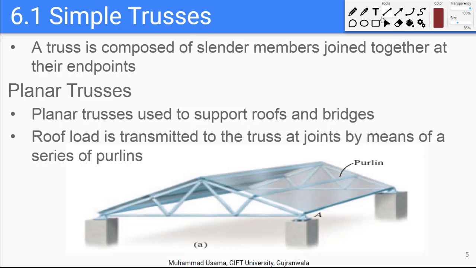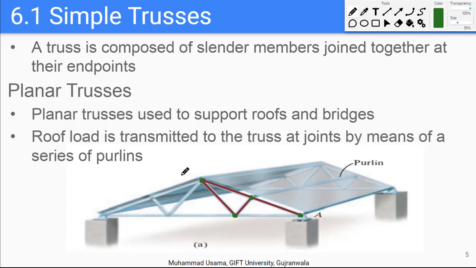So for example, this is a separate member, and this one is a separate member, and this is a separate member. So each of these members is connected to the others at the endpoints, which are called the joints. So the only connection between the members is at the green spots, which we can call the joints.